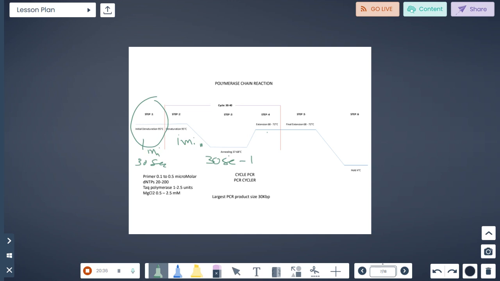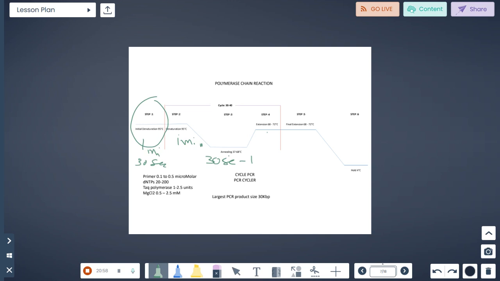Because of that, if a long product is to be formed, you have to incubate from 68 to 72 degrees centigrade. Now commercially some mixes are also available, where they have mixed Taq polymerase and high fidelity DNA polymerase in a particular ratio to get high fidelity long PCR products.